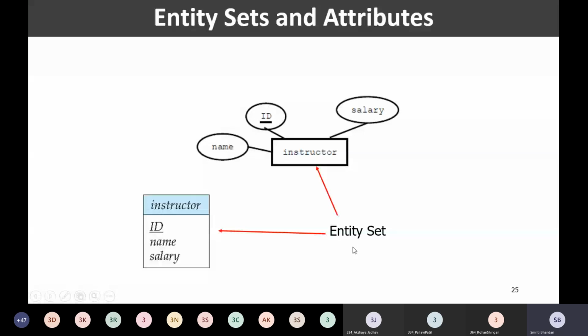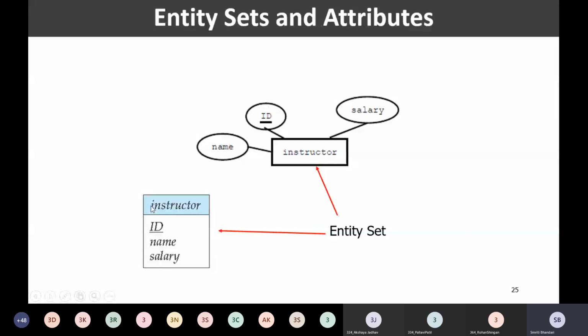We have one more notation to denote entity set. Though we are making use of the rectangle along with the ellipses to represent the attributes, you may find another notation also in some literature, and this is also a valid notation for entity set. So how can an entity set also be represented? See here, I have one rectangle over here, wherein this rectangle is partitioned into two parts.